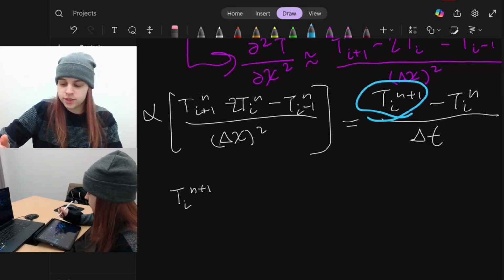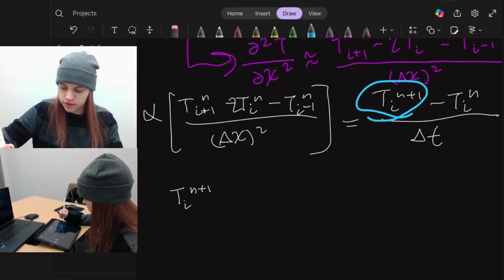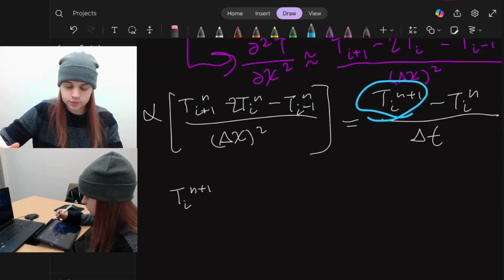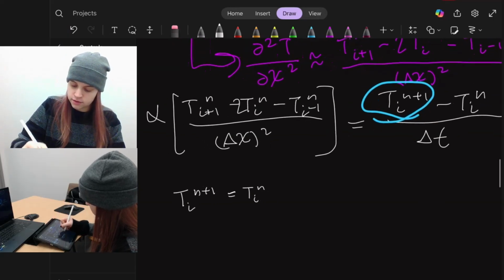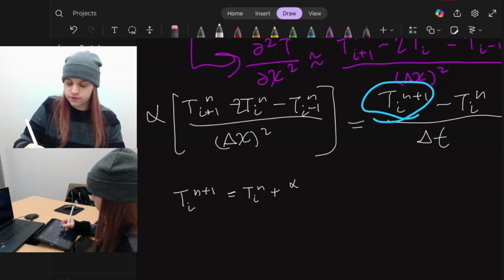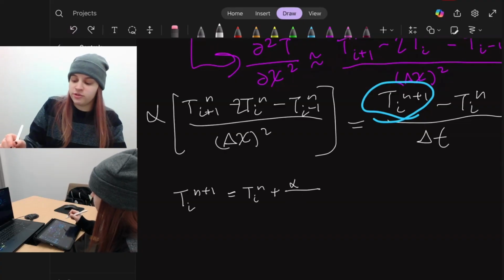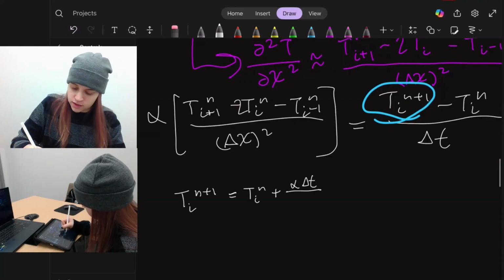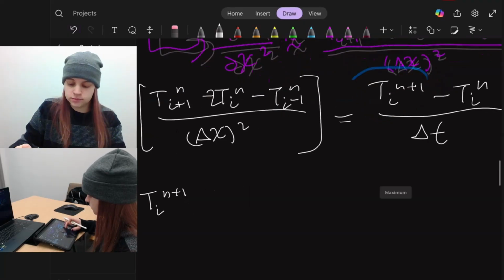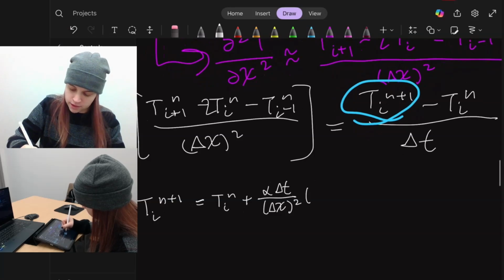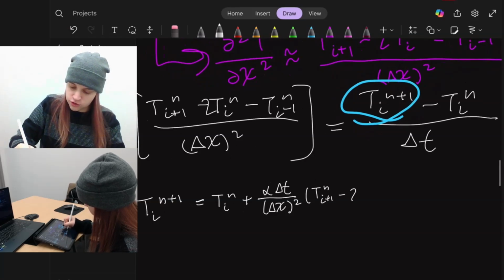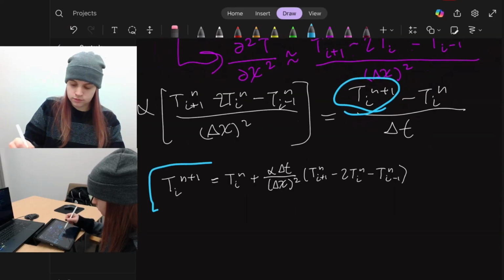So what we need to do is multiply by this delta t and add T_i to the n, plus the thermal diffusivity multiplied by delta t divided by delta x squared, and then multiplied by T_{i+1} to the n minus 2 T_i to the n plus T_{i-1} to the n.